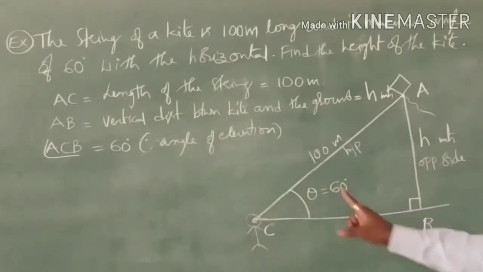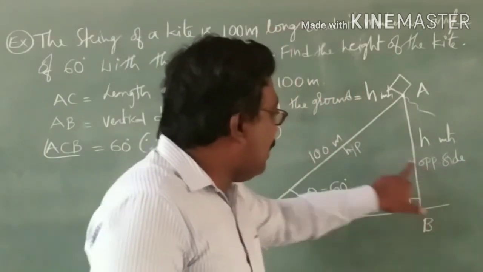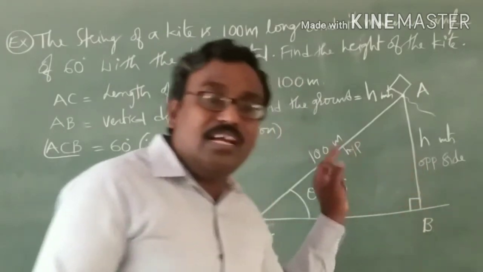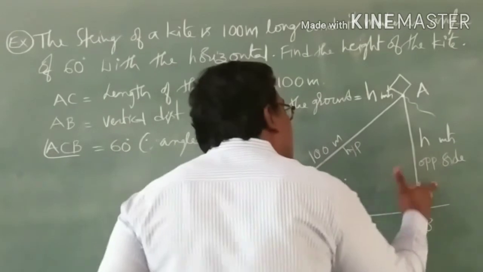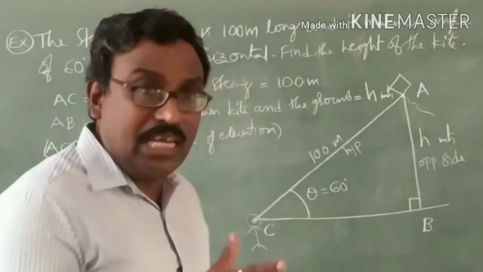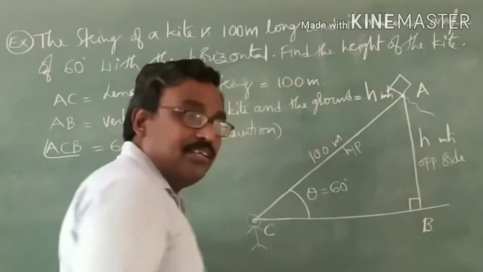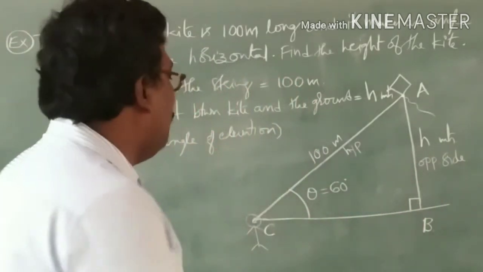Now you need to find a relation between the opposite side and the hypotenuse. That is a trigonometric ratio. Opposite by hypotenuse is sin theta, or hypotenuse by opposite is cosecant theta. Among the two, any one you can use.